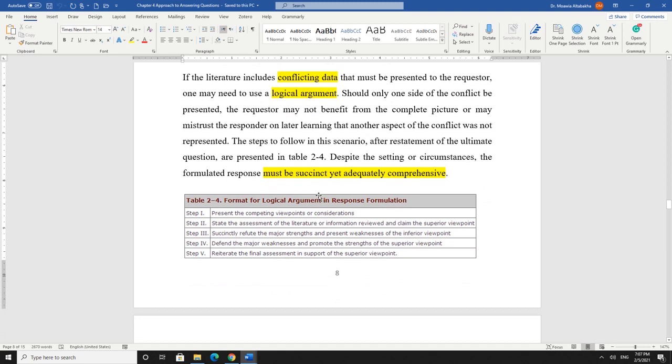Now you tell the requester that every study has strengths and weaknesses, but the weaker viewpoint or the weaker study that you think is weaker will have some strength. So you have to refute these strengths. Some study will tell you, okay, we have used 1000 subjects, which is many subjects in one study, so our results are very accurate.